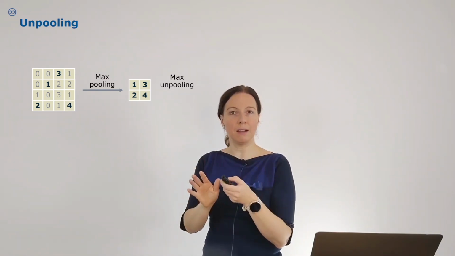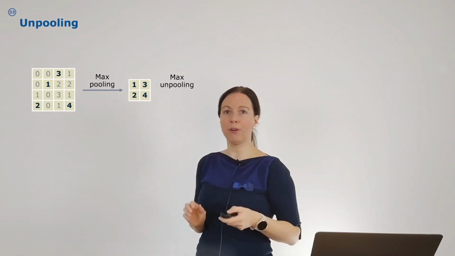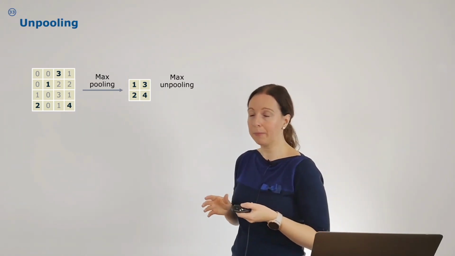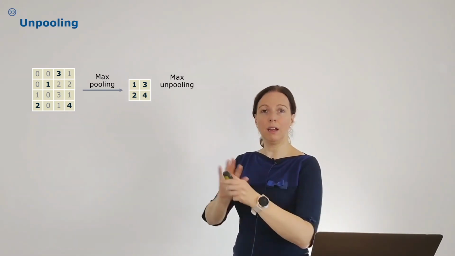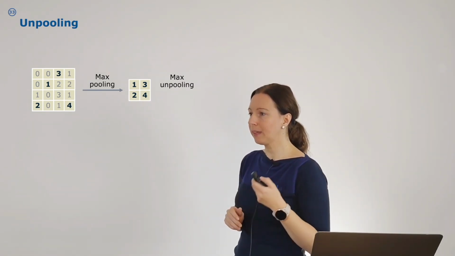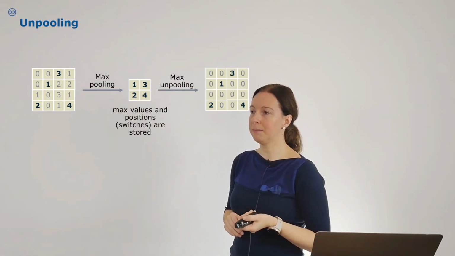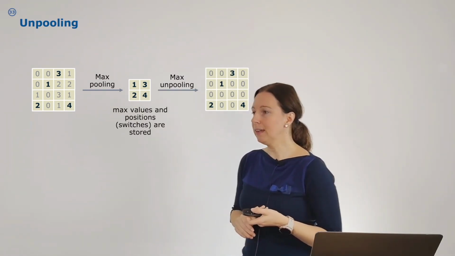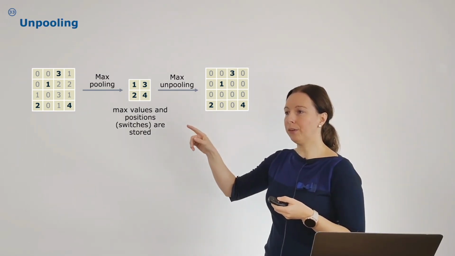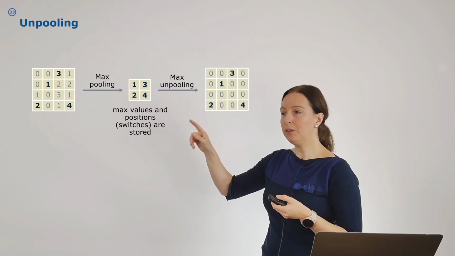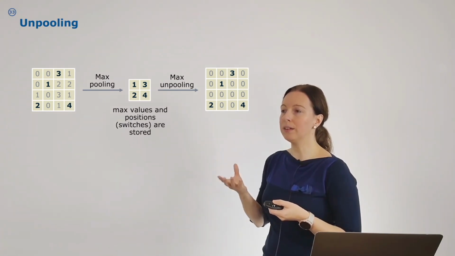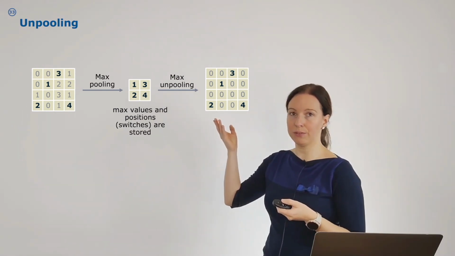Of course, there are other parameters, and I refer you to the literature if you want to know more about pooling and how to actually perform it and all the different pooling types. There's a lot of literature out there. But now the interesting thing is the max unpooling. For the max unpooling, first of all, you need to store the max values and the positions in order to go back, to reverse this.